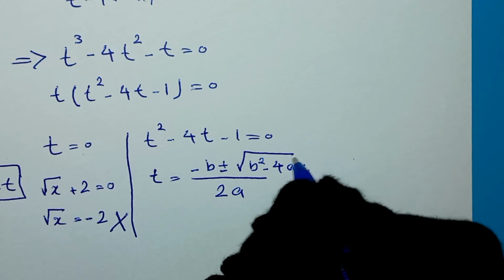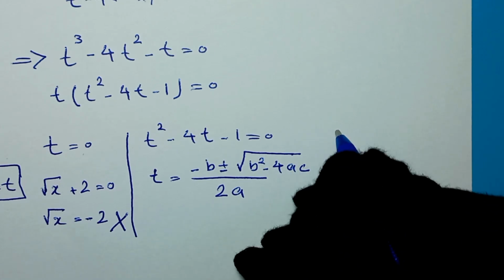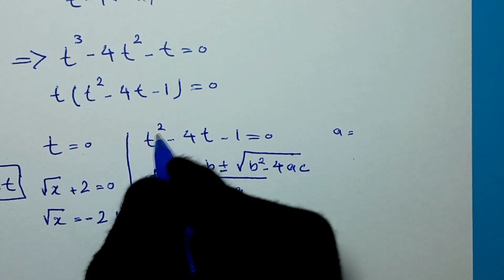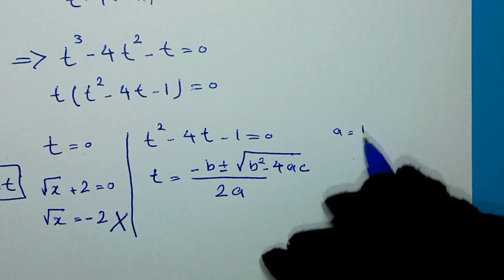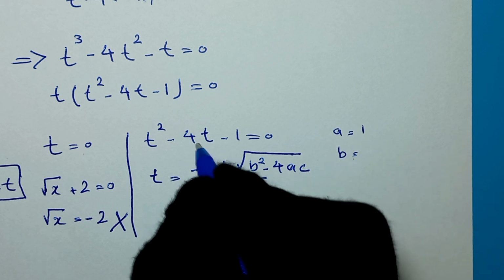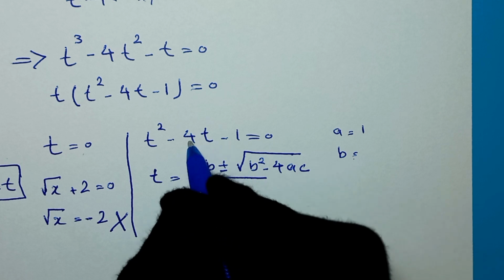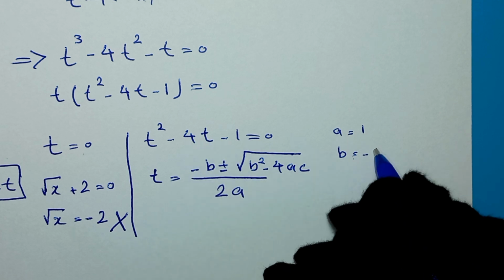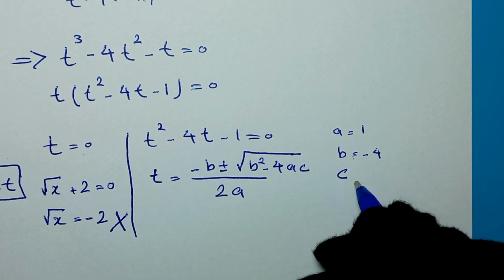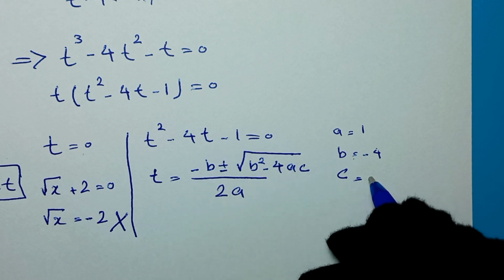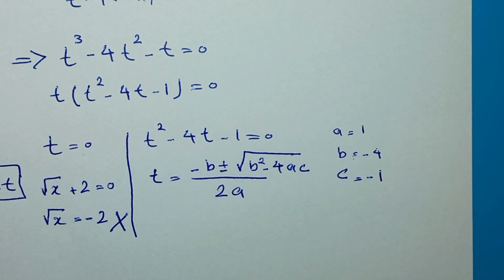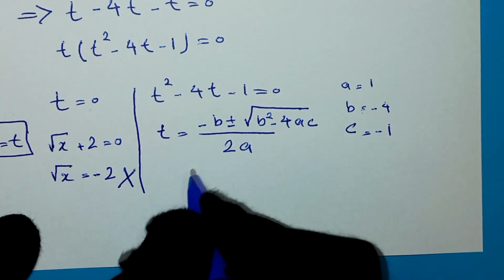And in here, a is coefficient of t square, this is 1, and b is coefficient of t, this is negative 4, and c is constant, this is negative 1.